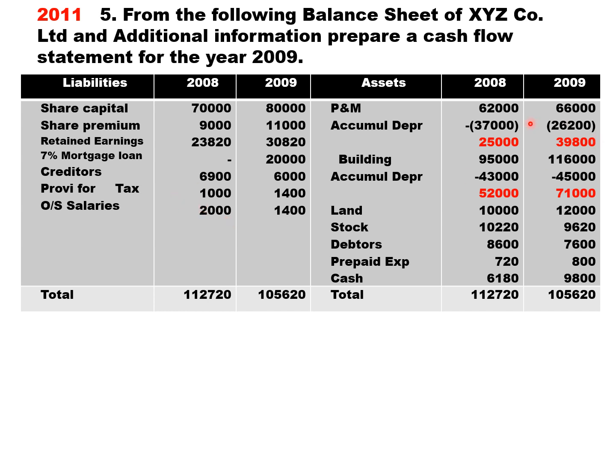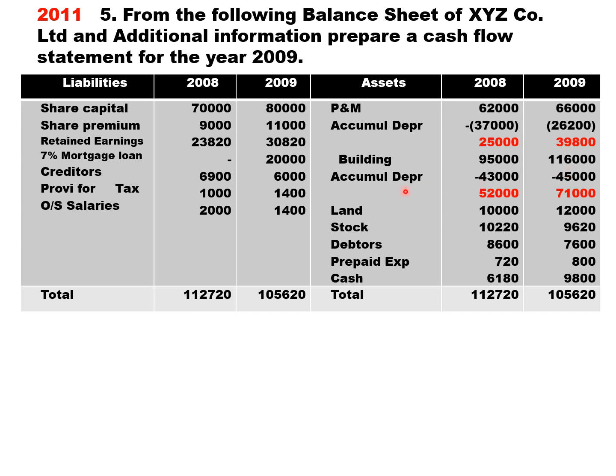Plant and machinery 62,000, 66,000. Deduct the accumulated depreciation, you get 25,000 and 39,800. So students, you should prepare plant and machinery account and accumulated depreciation account. Whenever accumulated depreciation is given, you should prepare the account. Next, building 95,000, 1,16,000.